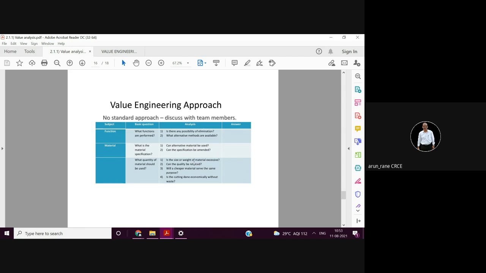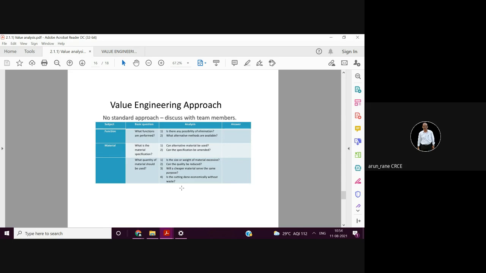Then what quantity of material should be used? So sometimes that's why we work out economical batch size or economical order quantity. Sometimes it proves beneficial to buy 100 pieces instead of 40 pieces.